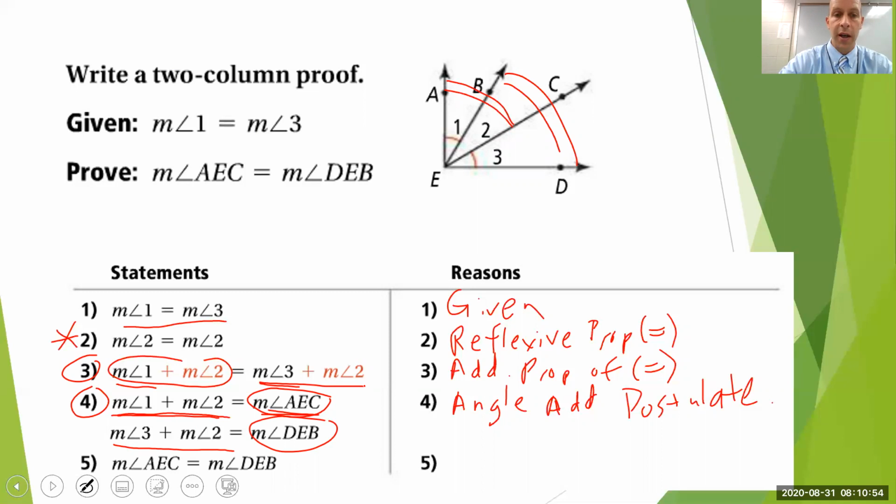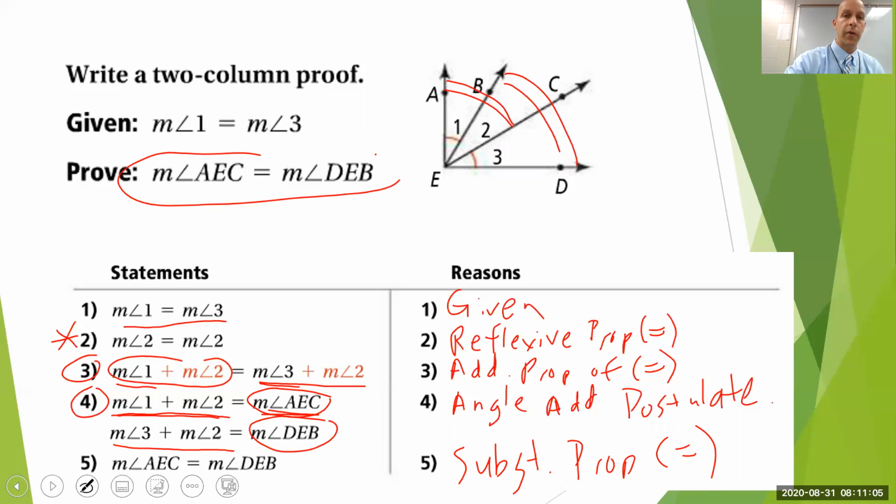So this is just the substitution property of equality. And that will complete our proof because that's what we were asked to prove. I've just proved that angle AEC is equal to the measure of angle DEB. All right, that will end the presentation.